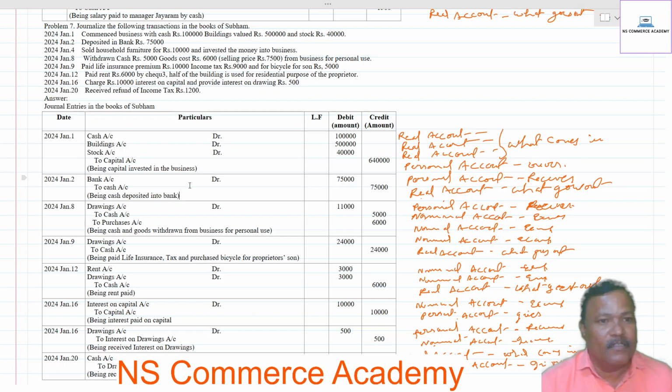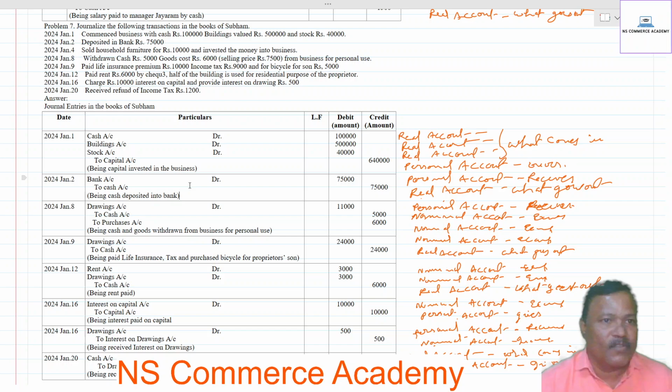That's why I am treating this entry as: cash account debit 10,000 to capital account 10,000, being cash invested into the business by selling household furniture.